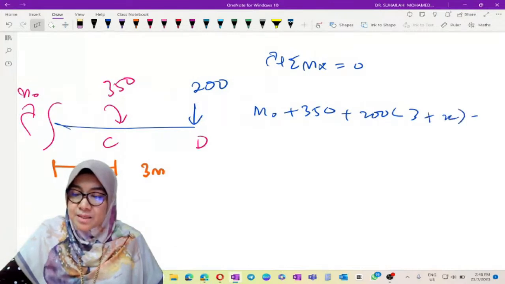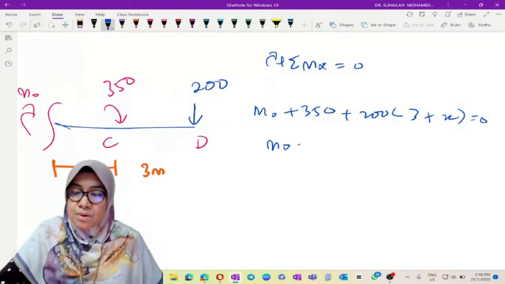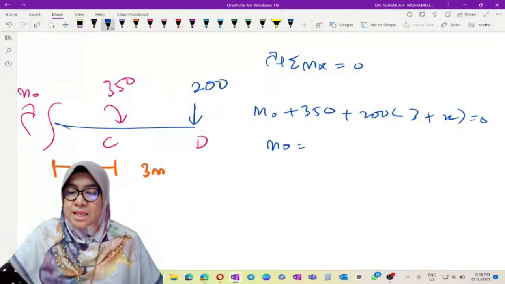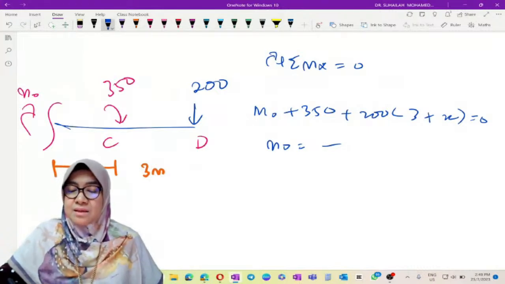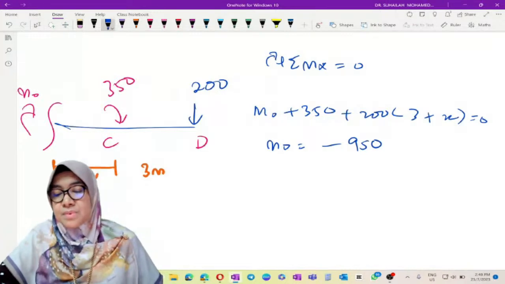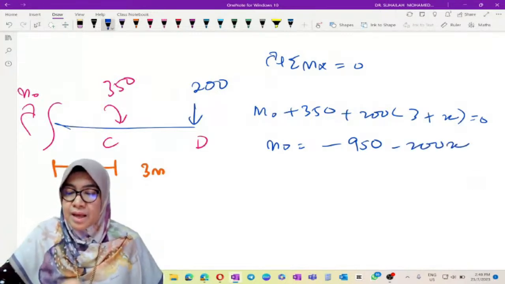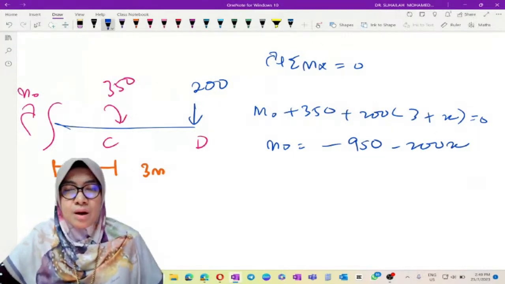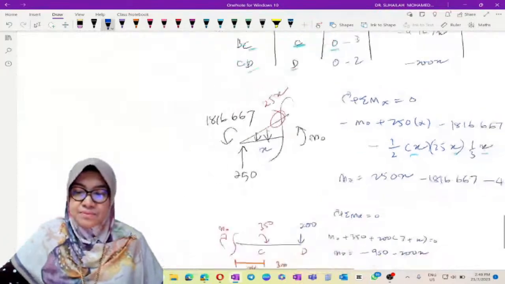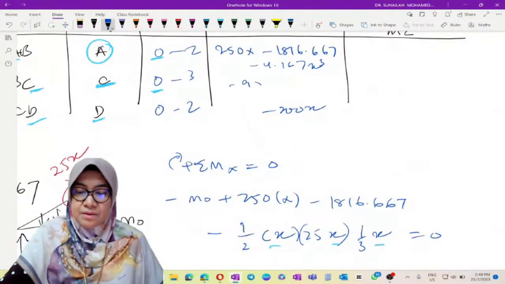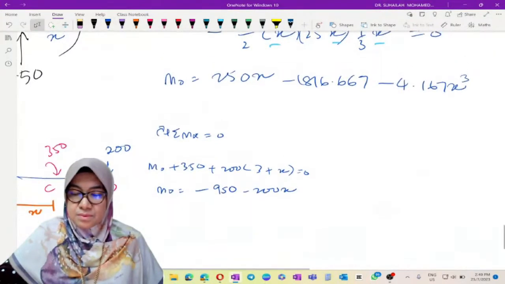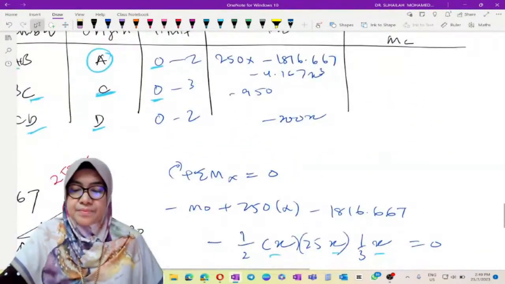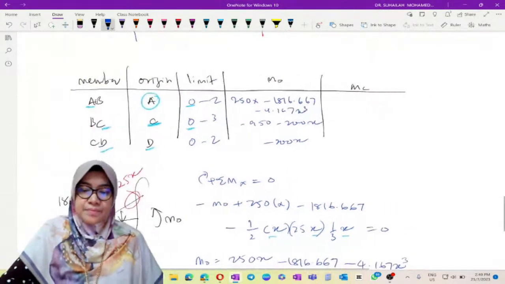Then M naught is equal to negative 350, 200 times 3 is 600, 600 plus 350, it is negative 950, and we minus 200x. So M naught is negative 950 minus 200x.